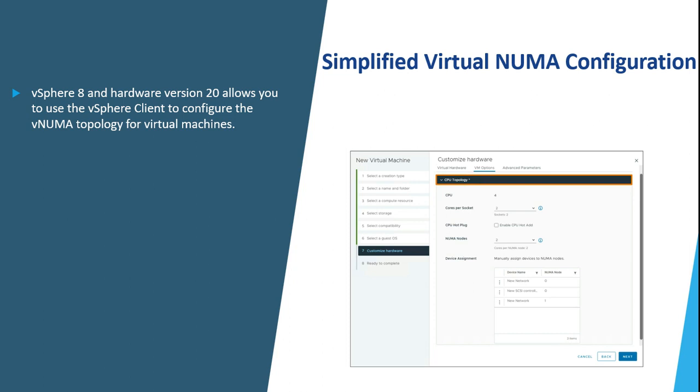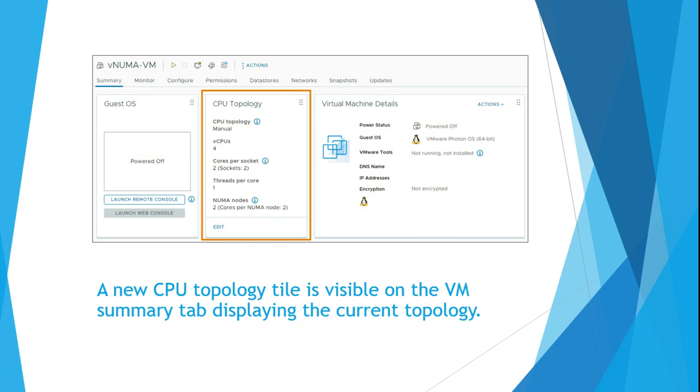vSphere 8 and hardware version 20 allow you to use the vSphere client to configure the vNUMA topologies for these virtual machines as shown here. And we can see something similar in a new tab. A new CPU topology tile is visible on the virtual machine summary tab, where you can see the current topology.